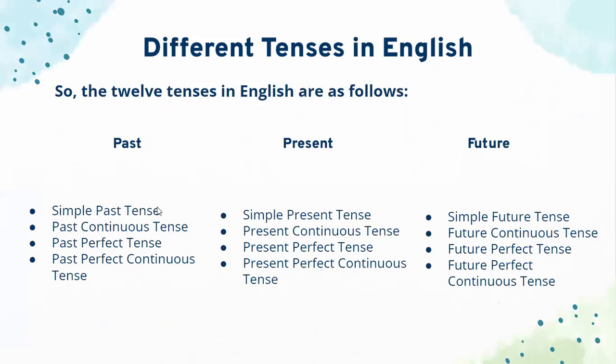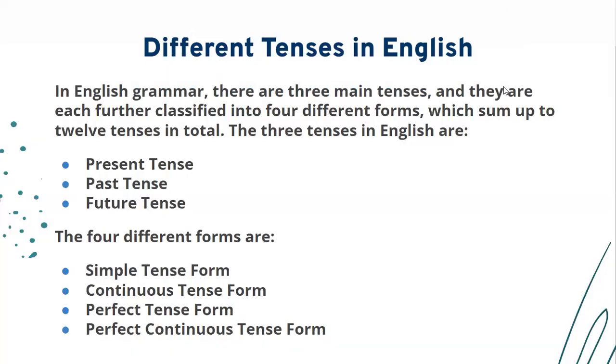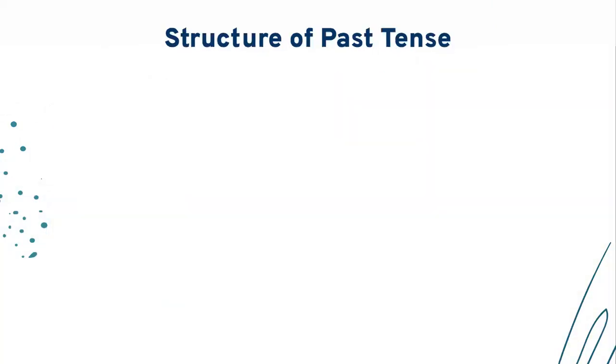Simple past tense, past continuous tense, past perfect tense, past perfect continuous, simple present, present continuous, present perfect continuous, simple future, future continuous, future perfect continuous. Okay, the slide repeats itself.